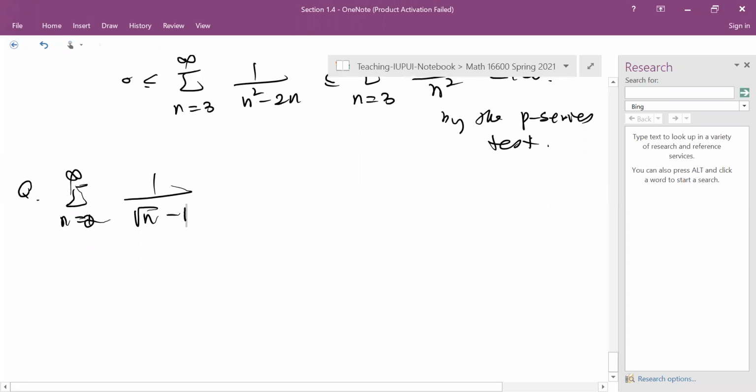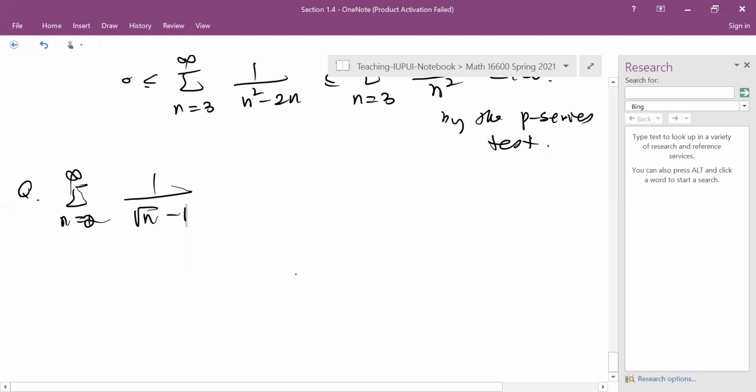First of all, let's see why it's divergent. Which one are we going to compare with? I think it's going to be divergent.